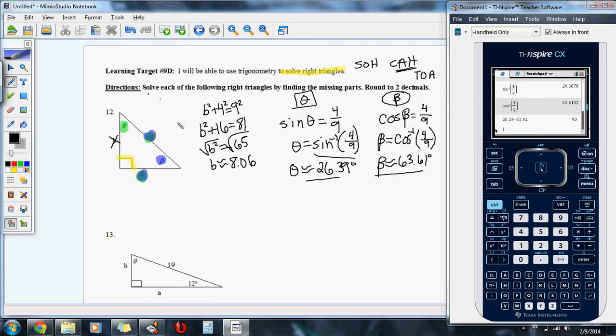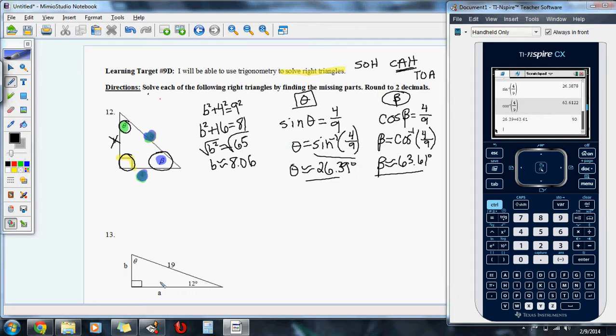Theta and beta are two angles here that when added with a 90-degree angle, we get 180 degrees. These two are supposed to be, fancy term, complementary. Hey, you're doing well, theta. Hey, you're doing well, beta. No, that's not what I mean by complementary. By complementary, I mean that they add up to 90 degrees. Okay? So that's a good way to check and see if your work is correct. All right, great. I hope that helps.